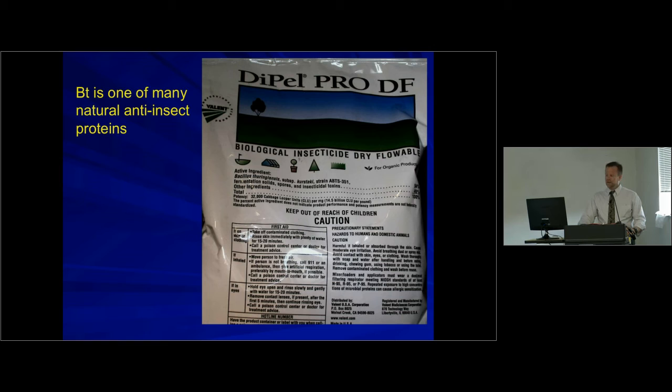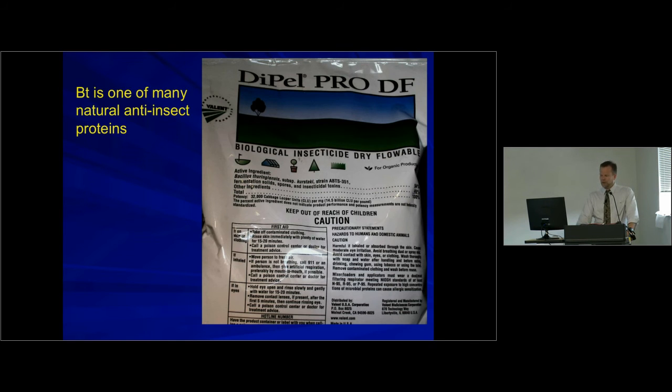So Bt has been very, very useful in organic cultivation, allowing people to farm without having to spray organophosphates or carbamates or other types of pesticides that work neurotoxically on the insect and are non-selective. They kill all insects or a large majority of insects. Bt just targets the one species or the one very closely related species of target.